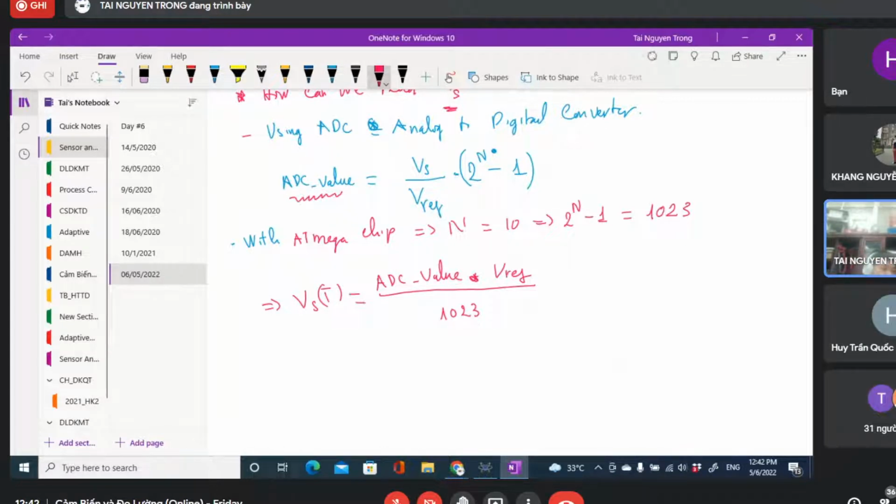At Vs0, at 0 Celsius degree, we can get the ADC value at 0 multiplied by V reference divided by 1023.